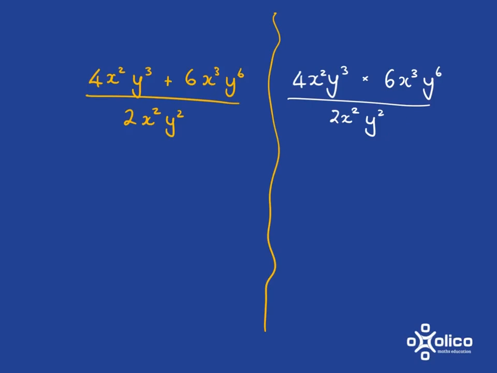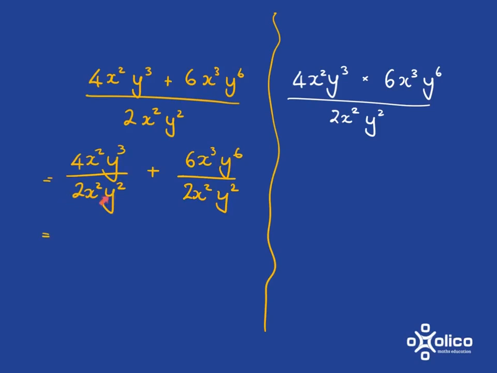Whereas this one, just everything at the top is multiplied together, so it in fact can all be combined to be one single term, and so you don't need to use the distributive law for this one. Let me just go through each of them separately so that we see. So here you do need to distribute this to each of the terms at the top because you've got a plus, and it would also work if you had a minus.